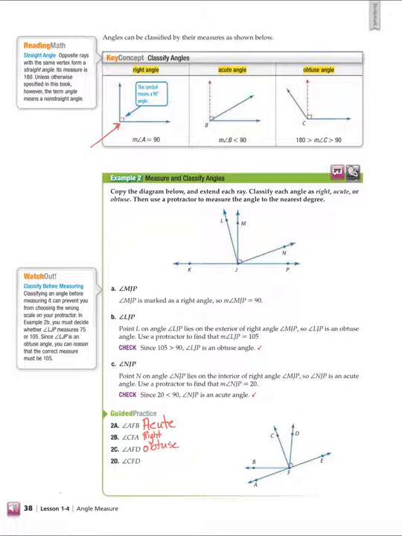Start at C, go to F, and back up to D. This little angle. Now that angle is part of a 90-degree angle, so it's obviously less than 90 degrees, so once again, we close out with an acute. Okay?